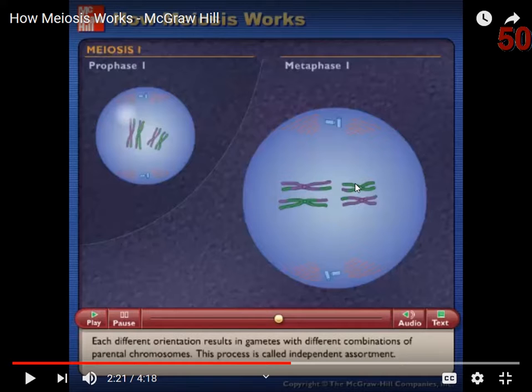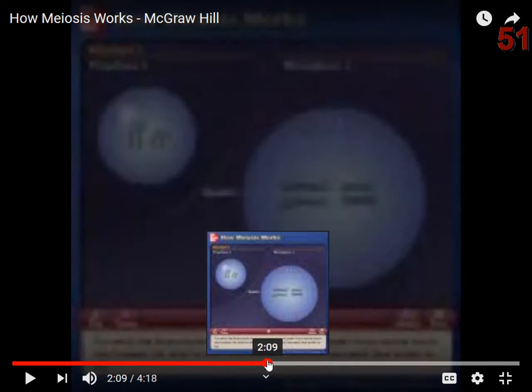So there's only 4 different combinations, which doesn't seem like a very big deal until you start thinking about humans. 2 to the 23rd is over 8 million different combinations. So you are who you are today just because these lined up arbitrarily like they did. If one had swapped, you would be different. It's called independent assortment.